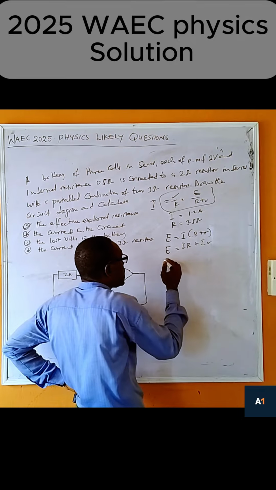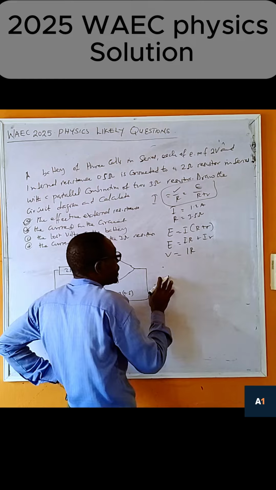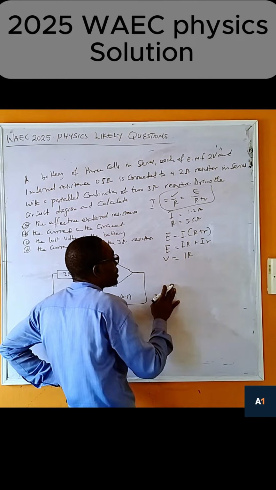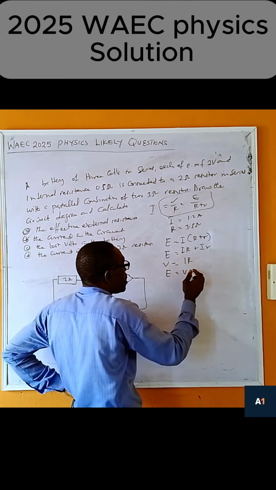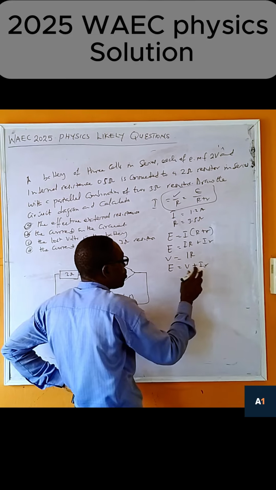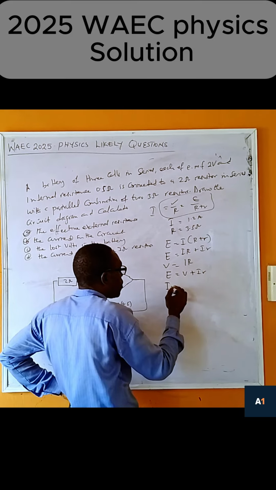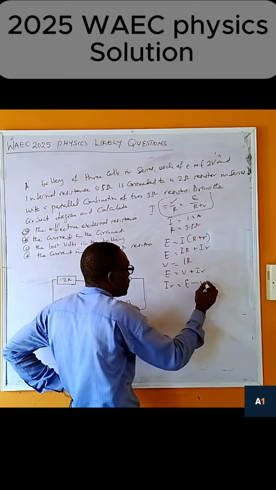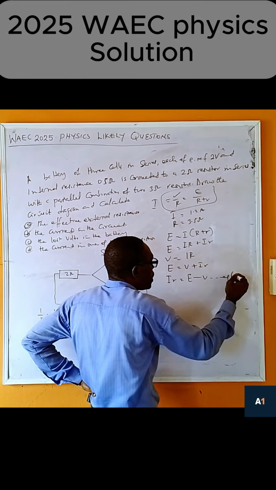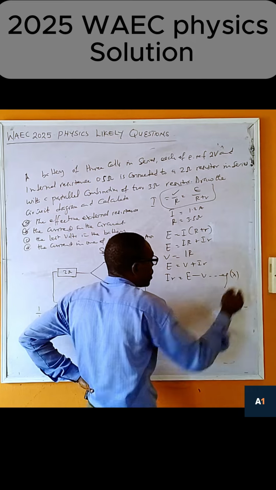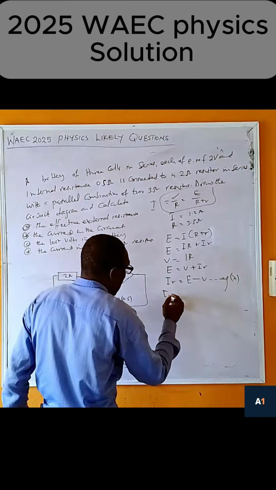From Ohm's law, V is equal to IR, meaning that this one will turn to V. E is equal to V plus Ir. So make Ir the subject of the formula: Ir will give us E minus V. Let's call this equation lambda. So this is the loss of voltage, Ir equal to E minus V.